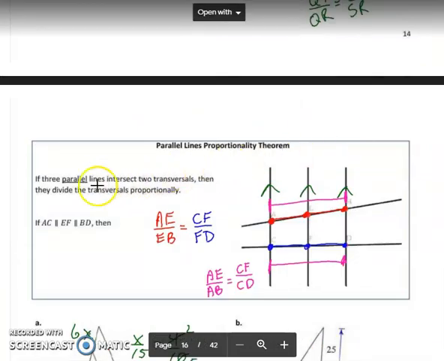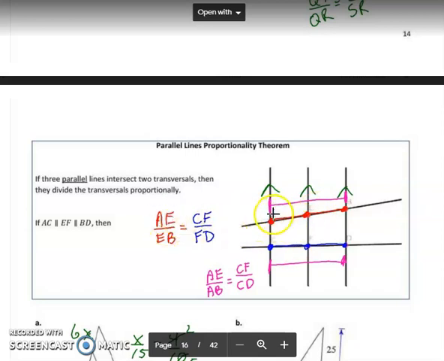So now this is saying if I have three parallel lines that intersect two transversals, then they divide the transversals proportionally. So you'll notice here, like this in a ratio with this value. So here to here would be equal to this divided by this. There's my two ratios. I can't hardly see the letters on yours, but there must be letters because I've got them.